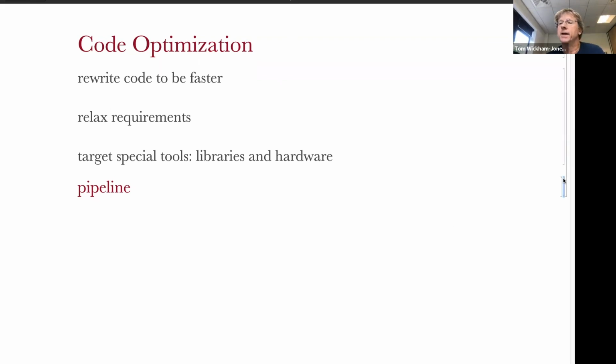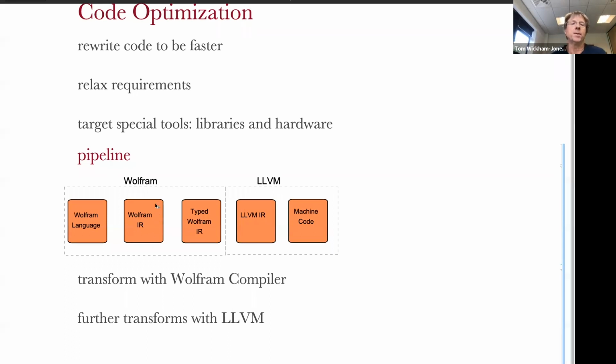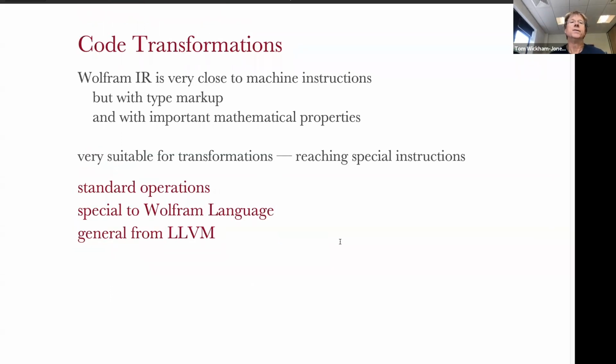Just to reiterate, the basic pipeline of the compiler is that we have a Wolfram language phase, where we start with Wolfram language code and generate an intermediate representation, and then we process the intermediate representation with various transformations. Then we generate an LLVM intermediate representation that does more work and generates machine code.